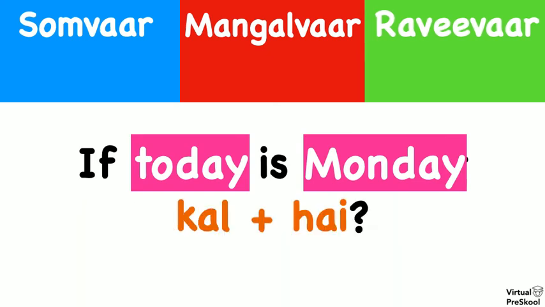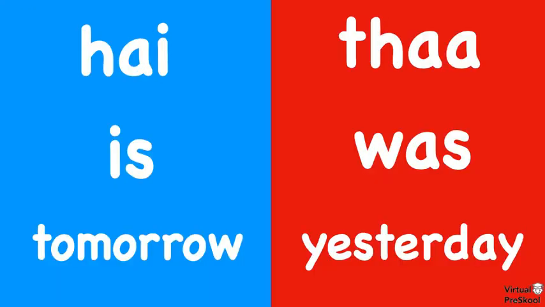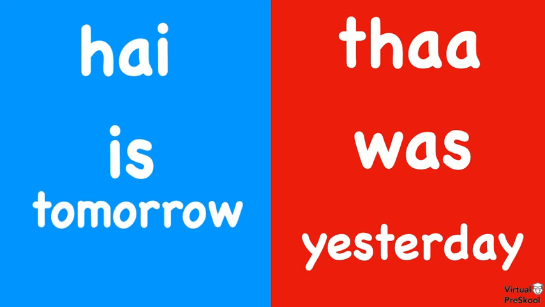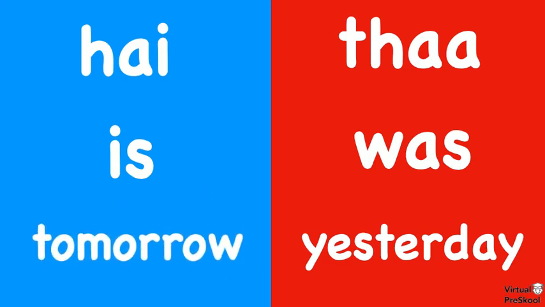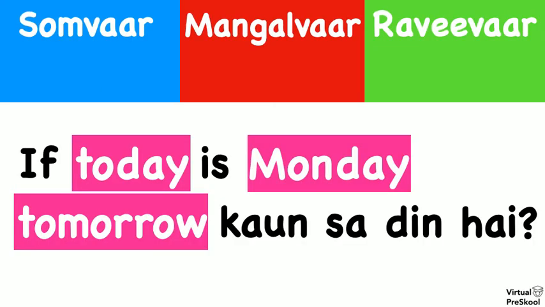So we have kal and hai. Remember, hai means is, so that's something that's going to happen. So is our question referring to yesterday or tomorrow? It's referring to tomorrow. Okay, so now we have, if today is Monday, tomorrow kaun sa din hai?